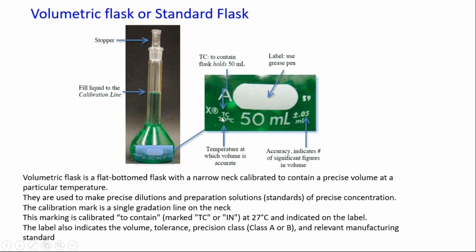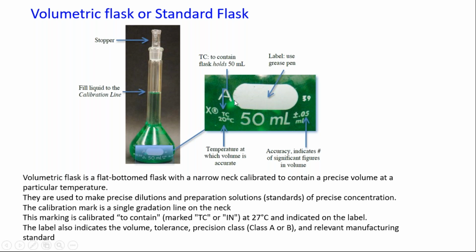So this is the temperature. This number here is the accuracy or the precision of the measurement. So therefore, this volumetric flask will contain 50 plus or minus 0.05 milliliters.